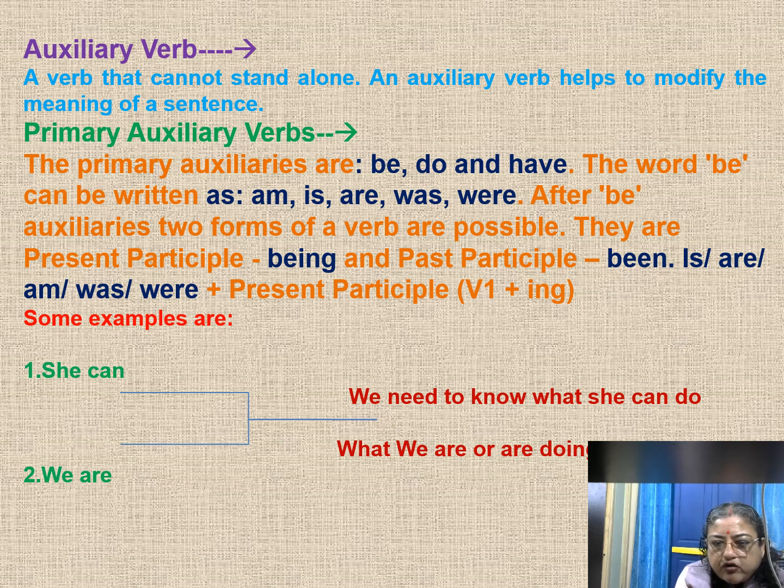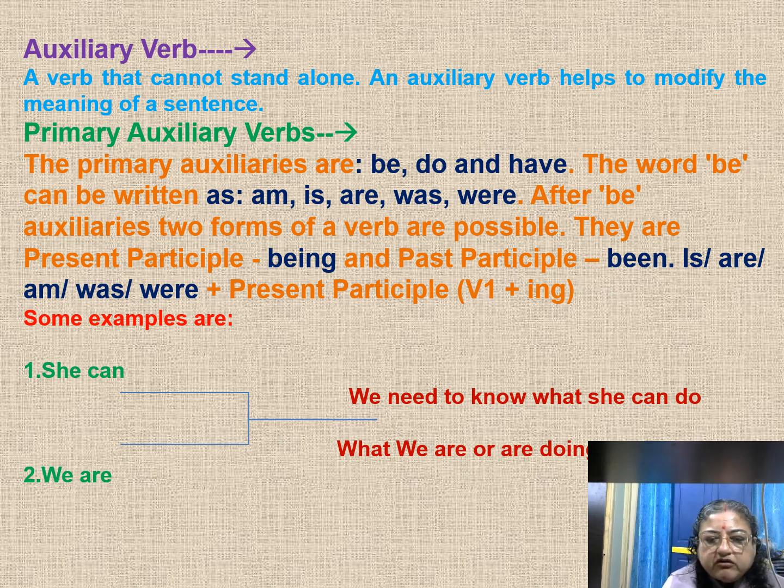If I say "the boy is flying a kite," with is, the be verb, we use the present participle, the ing form flying, meaning the main verb plus ing form, so v1 plus ing form.